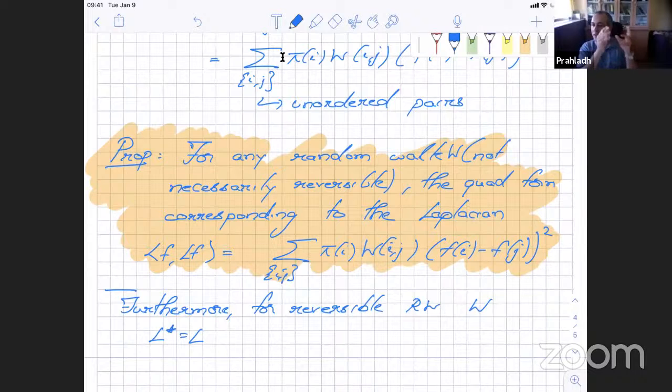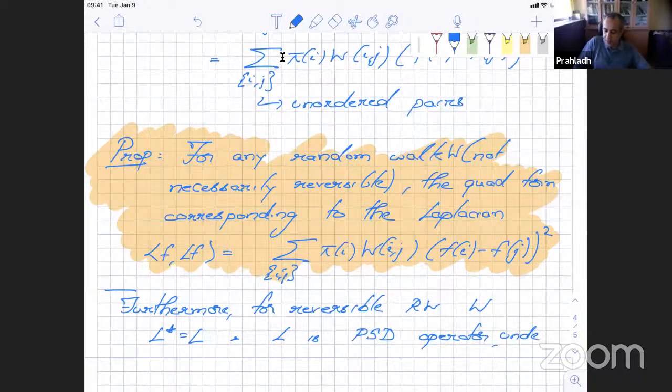That was because we always worked with the usual dot product as the inner product. When you talk about orthogonality, there's an underlying inner product, and the actual definition of symmetry is self-adjointness. So L star equals L, and hence L is a positive semi-definite operator, always under the appropriate inner product.